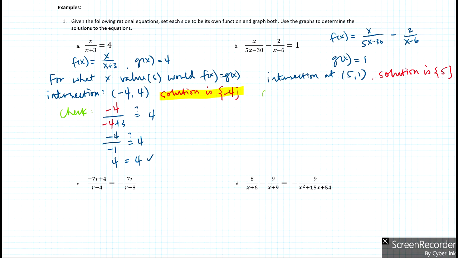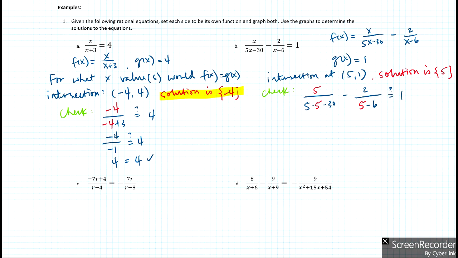Again, you can check and see whether this is proper. Once we plug 5 in, we will get 5 over 5 times 5 minus 30, minus 2 over 5 minus 6. And we want to check whether that's equal to 1 on the right hand side.